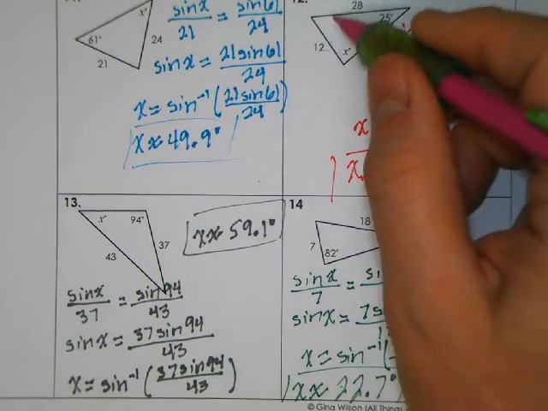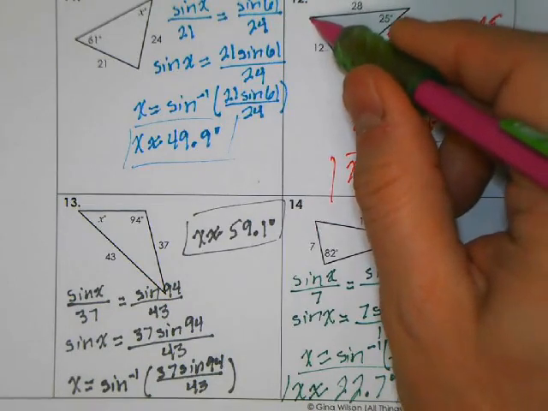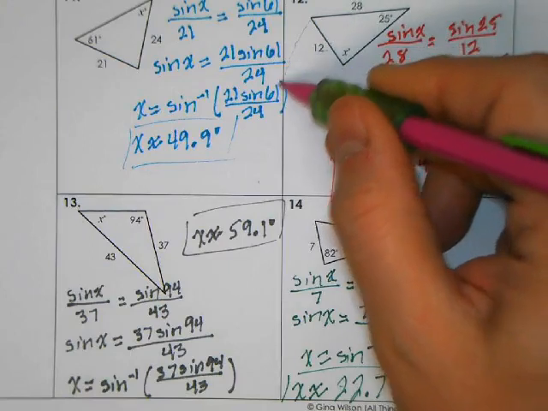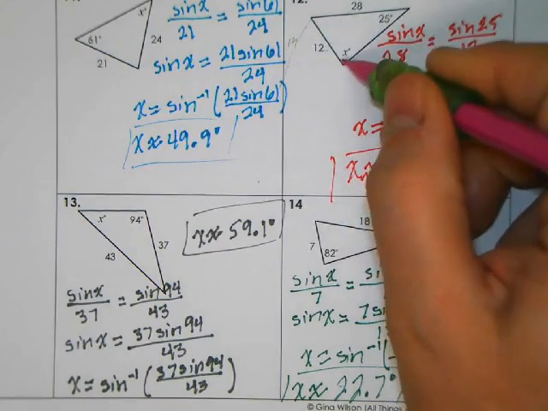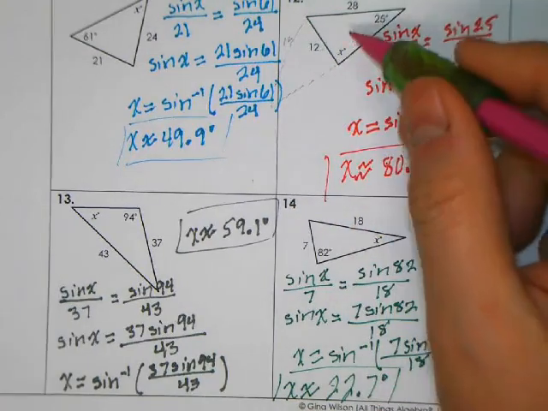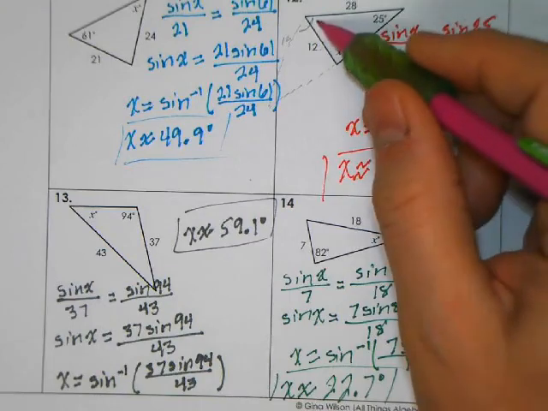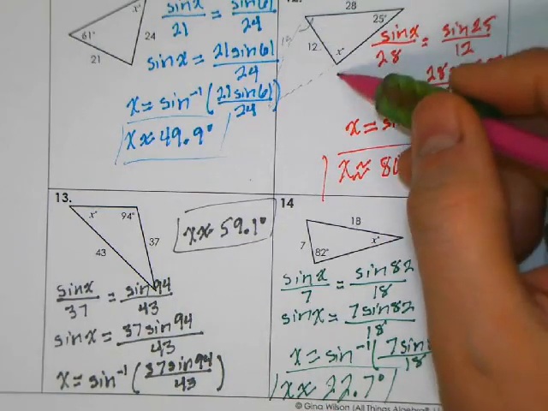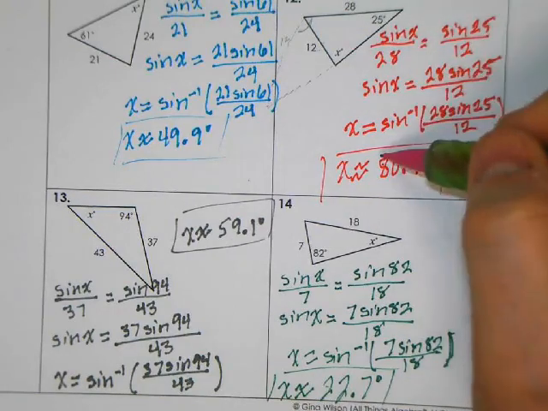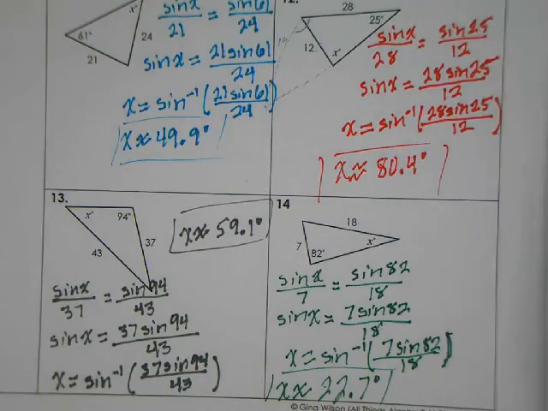Basically what would happen is this side right here, this 12, would be swung this way to where it would still be 12 units long. The angle that we would wind up with here would be an obtuse angle rather than an acute angle. So this angle would be much smaller than the 80 degrees that we found, but it is possible for this one to have two solutions.